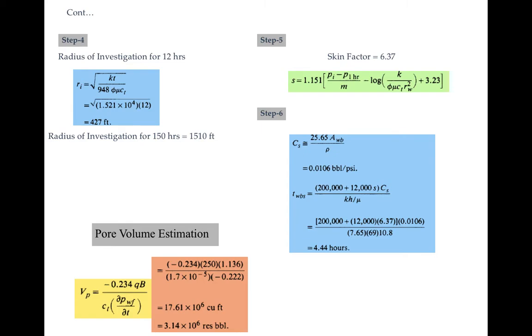So up to 427 feet, we cannot evaluate different reservoir properties. From 427 feet onwards, up to 1510 feet, we have this middle time region where the reservoir seems to be infinite acting and there is a radial flow. Therefore, this region is quite important for evaluating different properties of this reservoir.